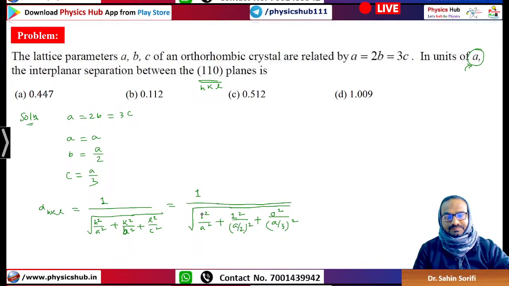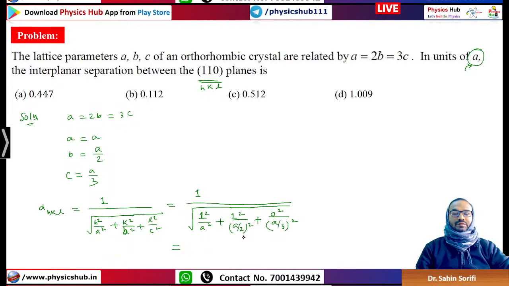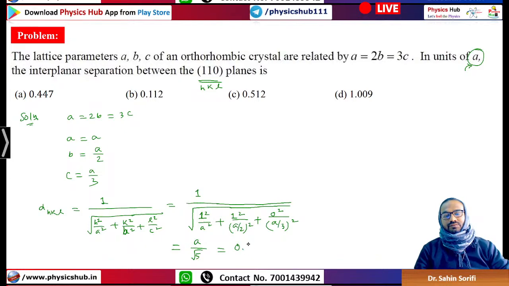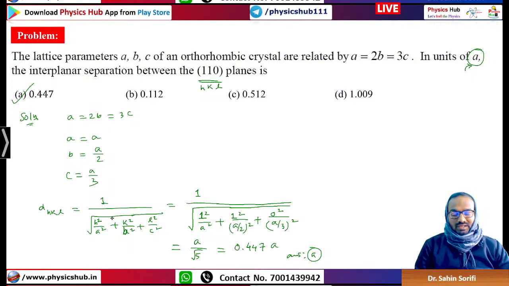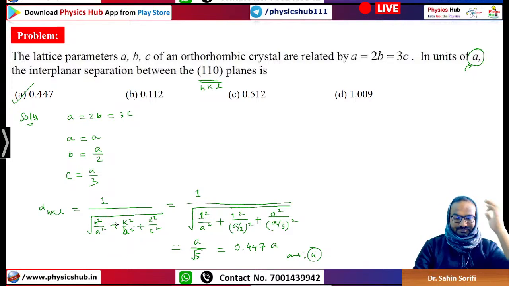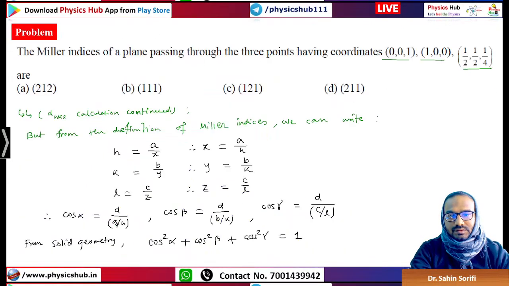So what is this value? 1 by a square, and this is 4 by a square, and this is 0. So 1 by a square plus 4 by a square is 5 by a square, so d is a by root 5. The value of 1 by root 5 is 0.447. So 0.447 a, that is matching with option A. Clear? Simple problem.